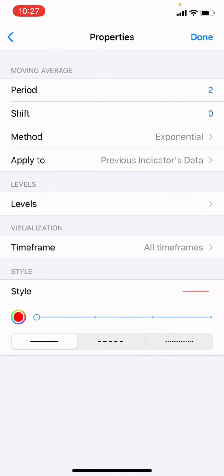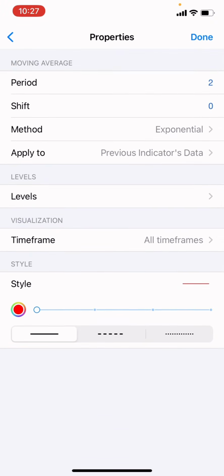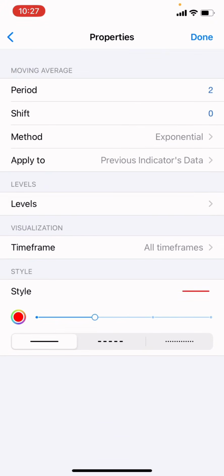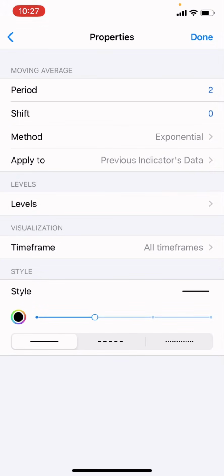Then the style you put on 2 pixel, while the color is going to be black. You can use the straight pattern or this other line, but I'm going for the straight pattern. You can choose any one of your choice. Then after that you click on done.